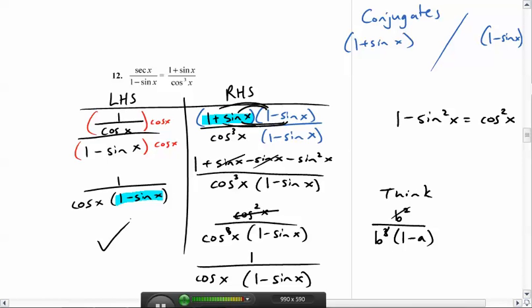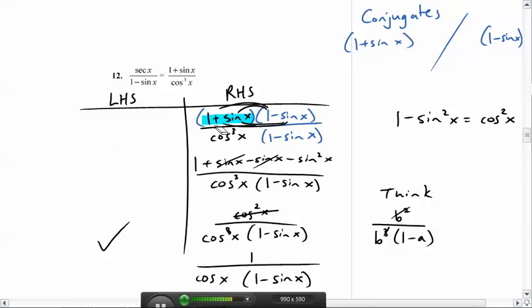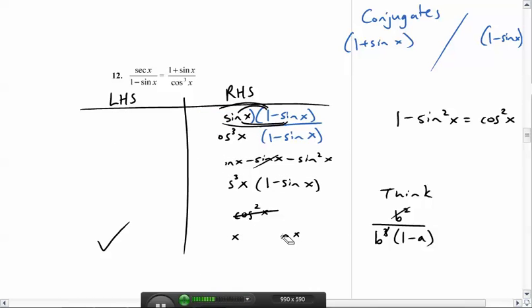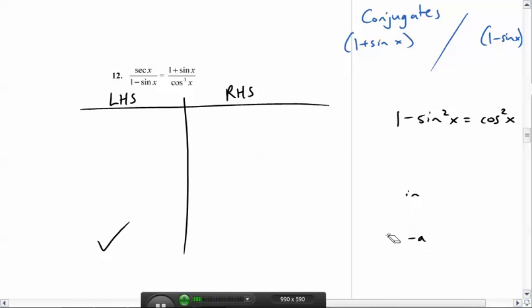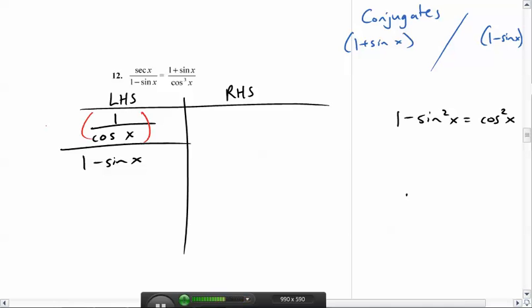Now let me do it again, but this time I'll use the conjugate on the left-hand side. So I'll do exactly what I did before, change the secant to 1 over cos, then multiply the numerator and the denominator by cosine, get rid of that complex fraction.